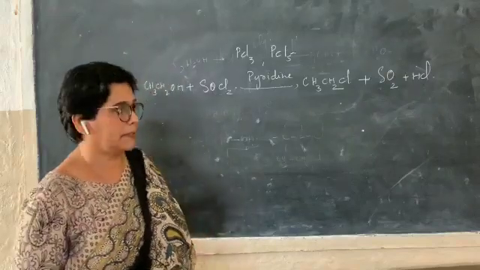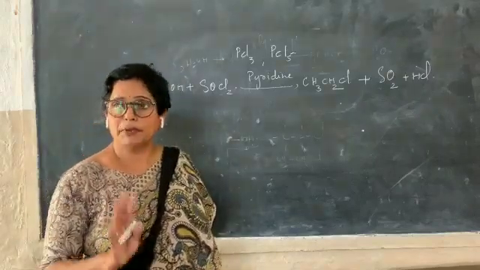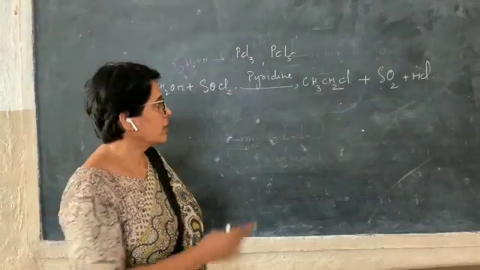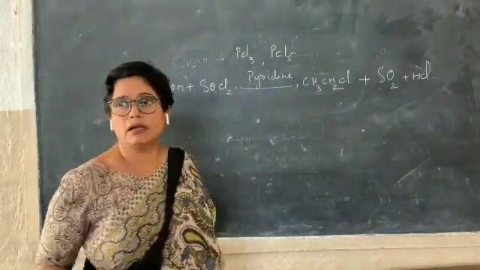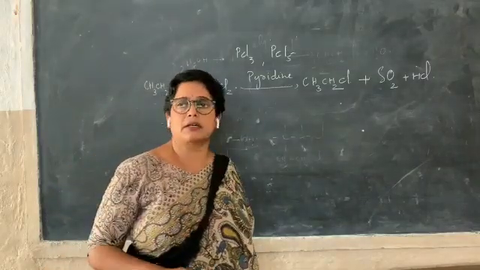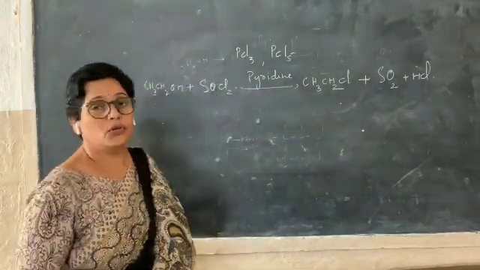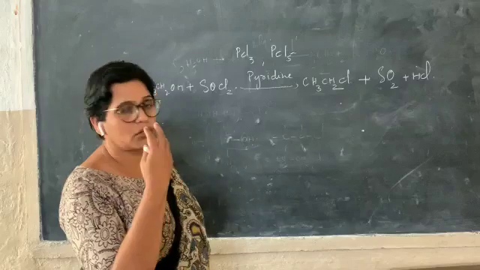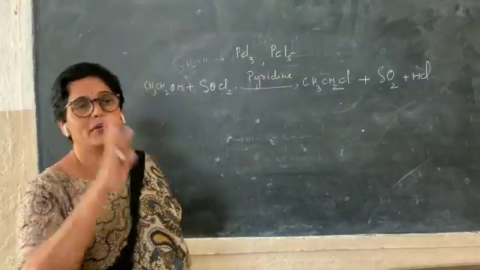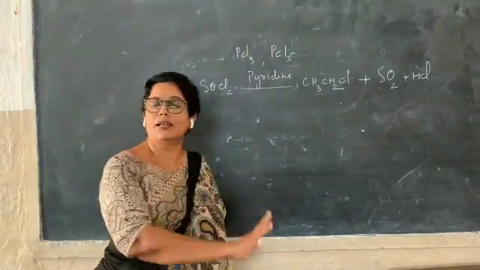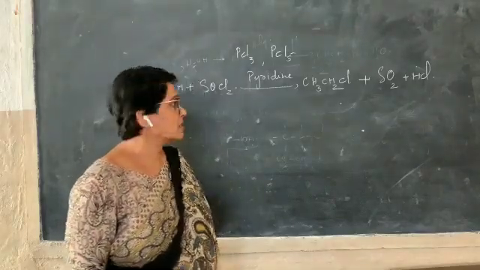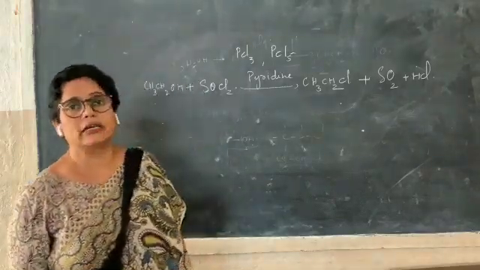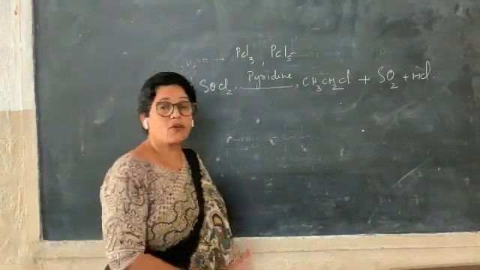If you want to prepare the purest form of haloalkane, you can approach this method because both byproducts are in gaseous state. During this reaction, the mixture of these two gases will be evolved out, and only the haloalkane, chloroethane or ethyl chloride, will be left.